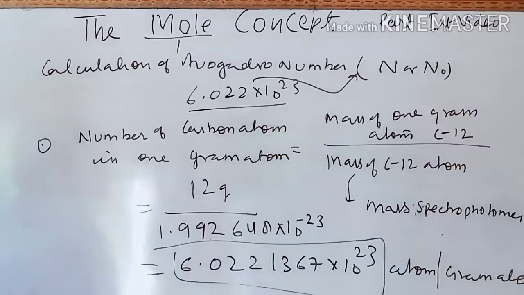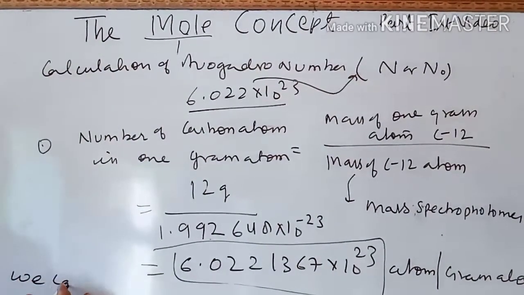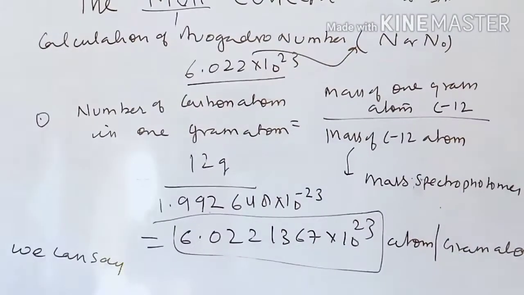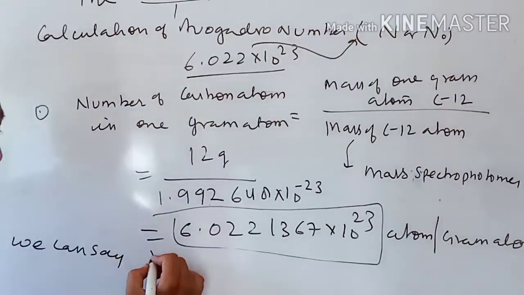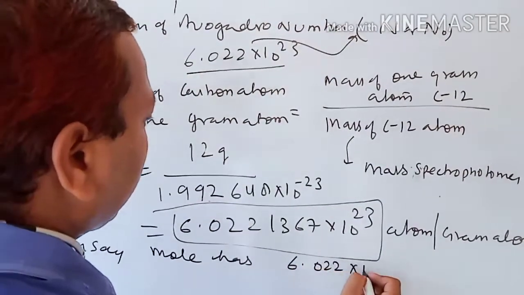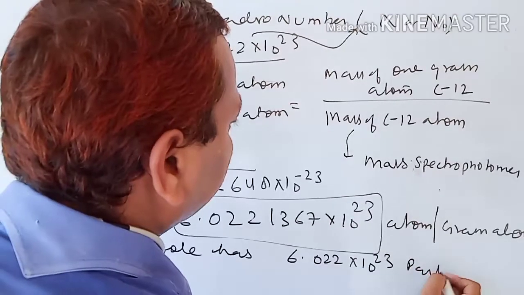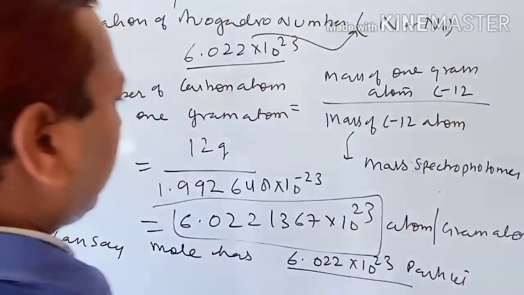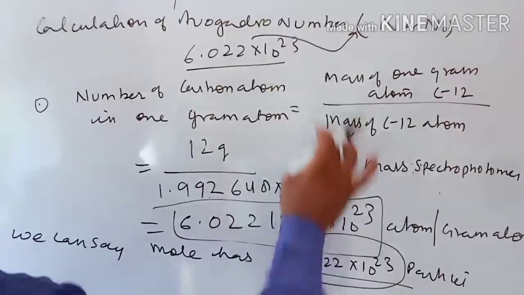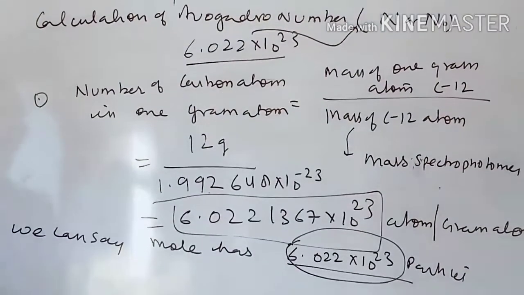Now children, the next conclusion: we can say that a mole has 6.022 into 10 to the power 23 particles. So children, chemists have defined a definite number of particles. This is our Avogadro number value, this is the mole number value.